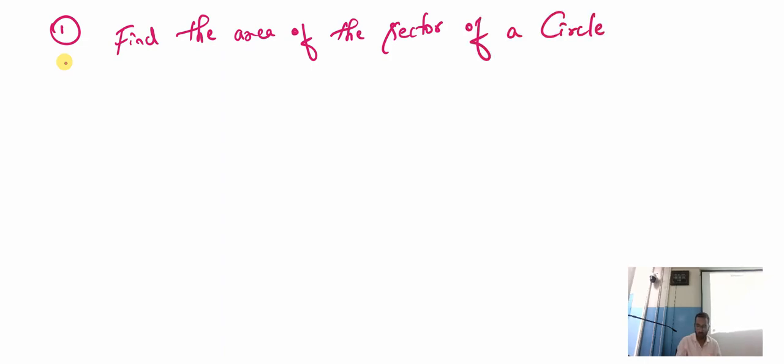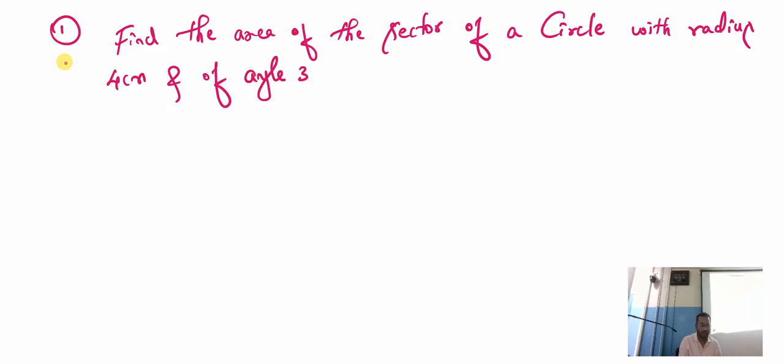Find the area of the sector of a circle with radius 4 centimeter and angle 30 degree. Also, find the area of the corresponding major sector.